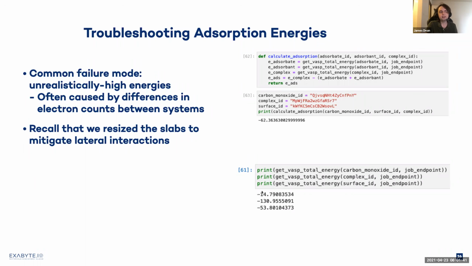So now there's a different number of copper atoms in our complex versus in the slab, which we can show here. Here's the energy of carbon monoxide, here's the energy of the complex, here's the energy of the slab. We can see that the energy of the complex is like twice as large as the energy of the slab. So something's clearly wrong.